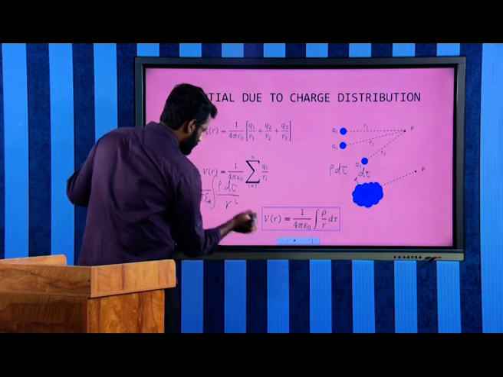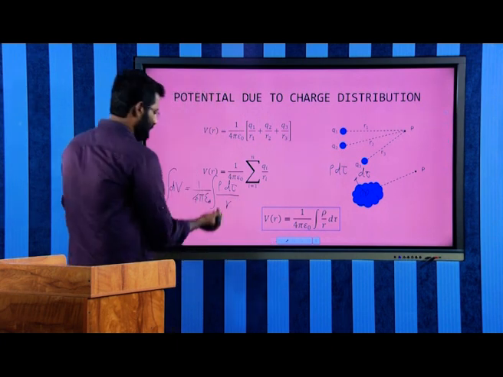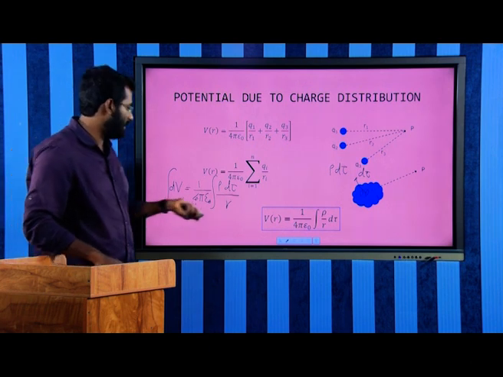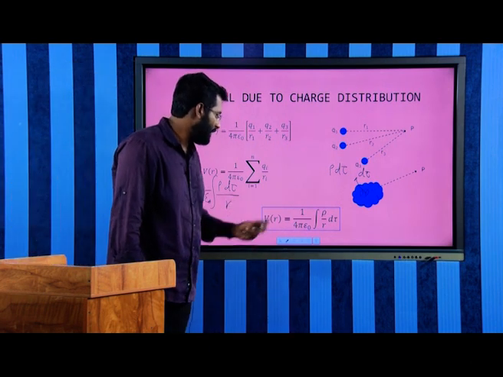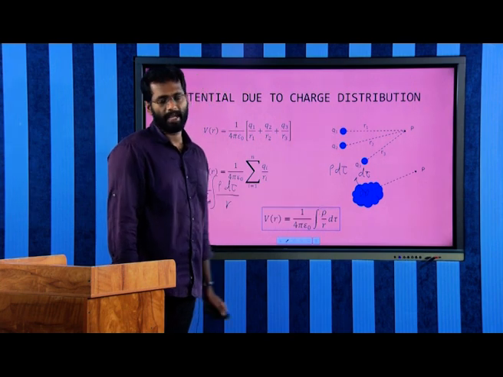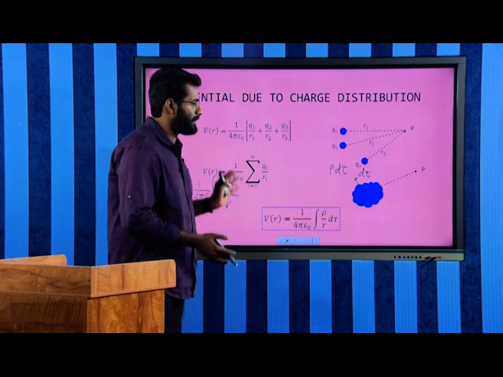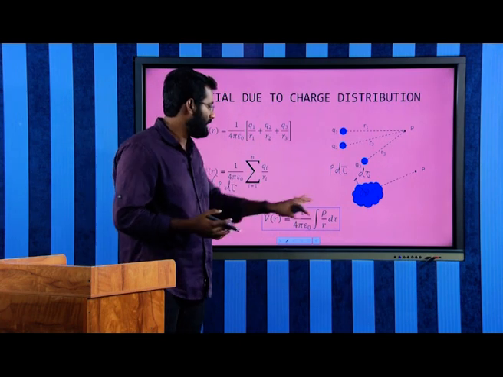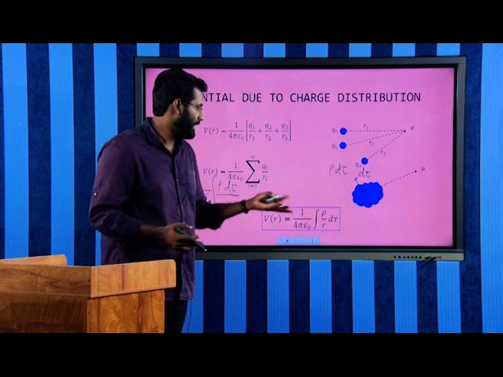Not r square, it is actually r, because it is the potential. Now, to find the total potential, we take the total volume integral of dV. So V of r is equal to 1 by 4 pi epsilon 0 integral rho d tau by r. This is the expression for finding the potential due to any finite charge distribution.